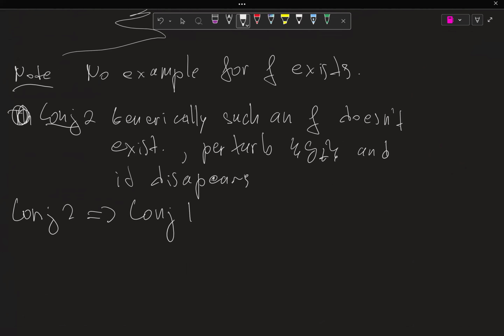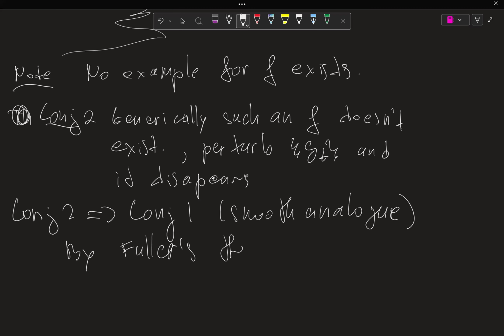It implies conjecture one in the smooth topology analog, by Fuller's theory, which is already around the 1960s. It's not exactly just Fuller's theory; I wrote a small paper about this some years ago, explaining this kind of phenomenon.